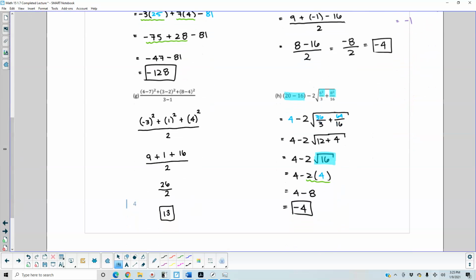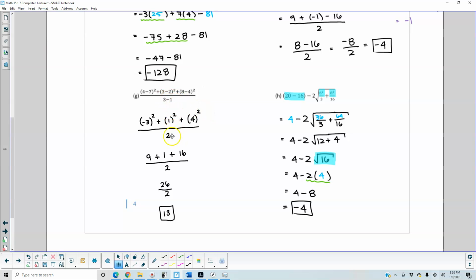Okay, let's take a look at these two examples. So we have 4 minus 7 squared plus 3 minus 2 squared plus 8 minus 4 squared over 3 minus 1. So we're going to work within the parentheses. So 4 minus 7 is negative 3, and then we're going to square it, plus 3 minus 2 is 1, and we're going to square that, plus 8 minus 4, which is 4, and then we're going to square that result.